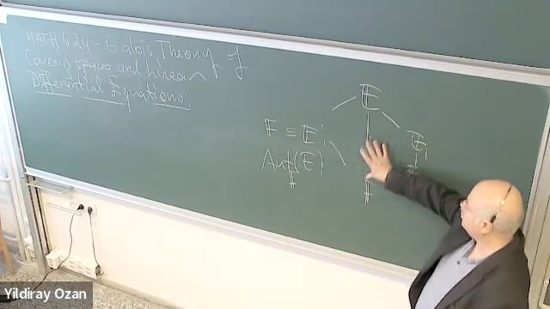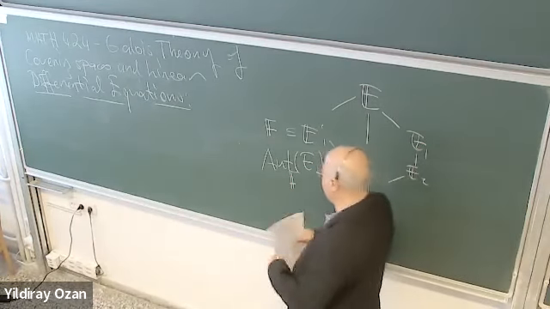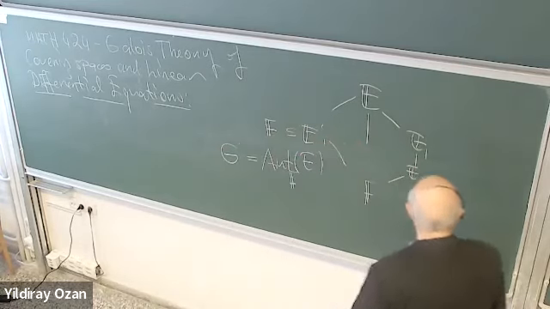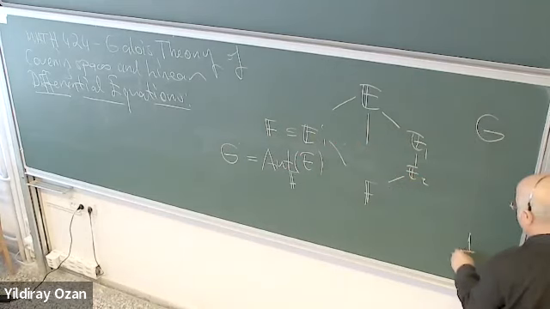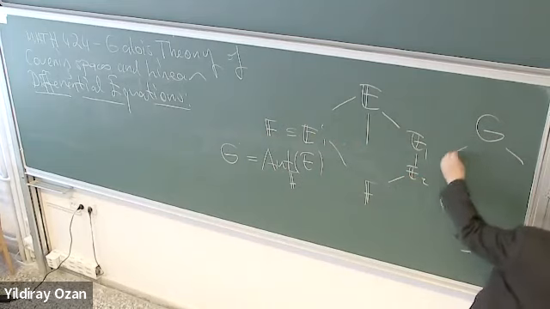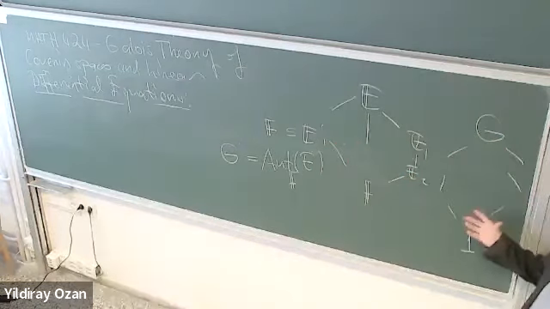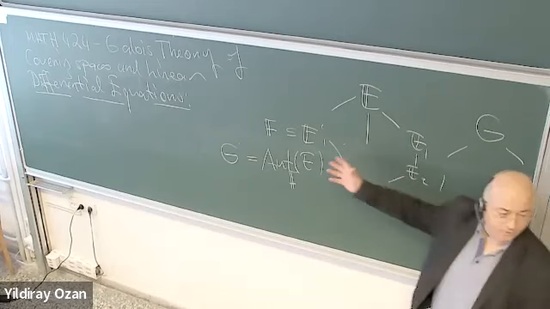So this picture of field extensions and subgroups of this group, automorphisms. So you have this G here and subgroups of this. One subgroup is just the identity element, but there are, of course, lots of intermediate subgroups. And what we know from Galois theory is that there is a one-to-one correspondence between the subgroups and subfields.